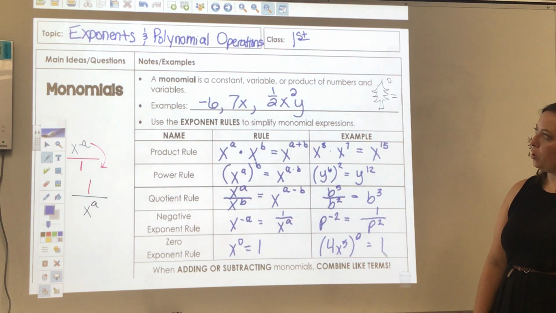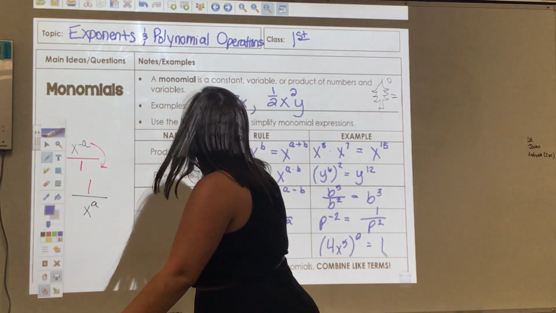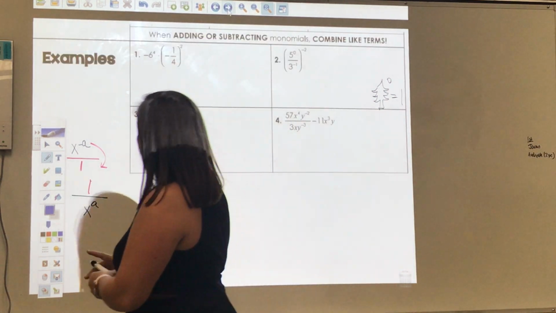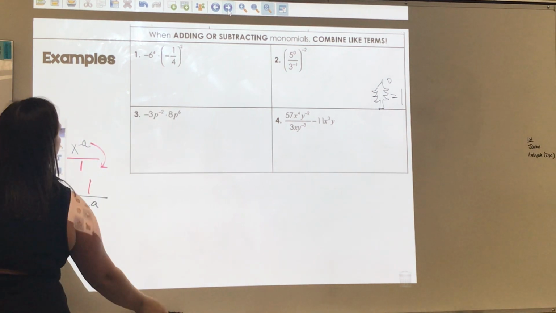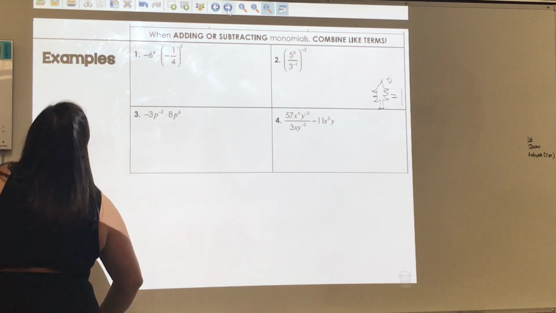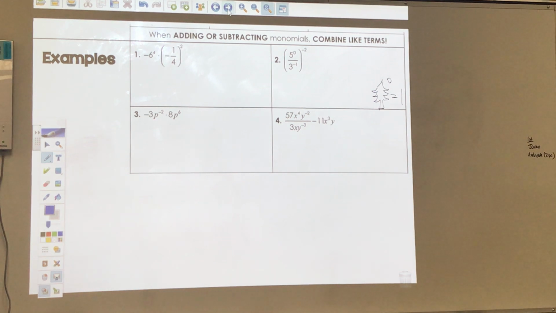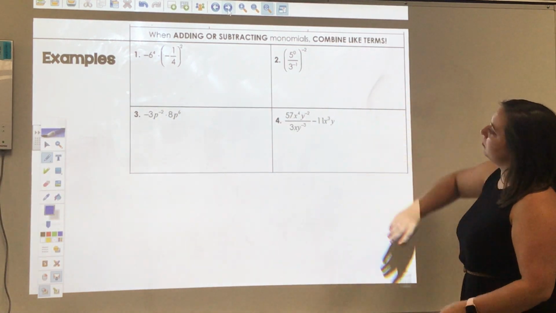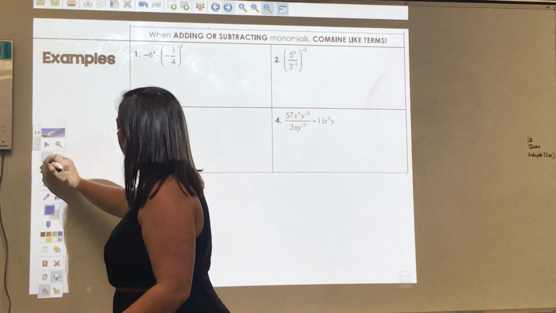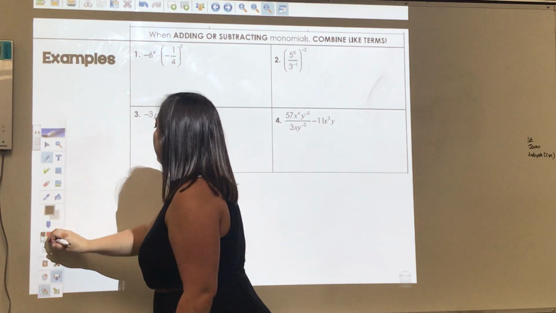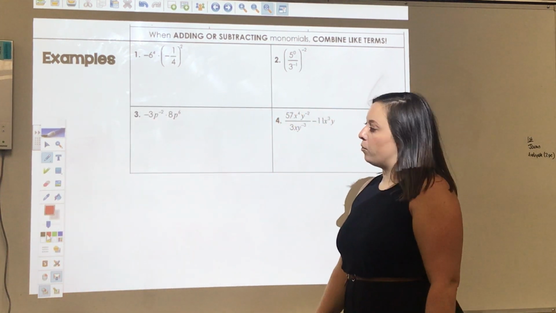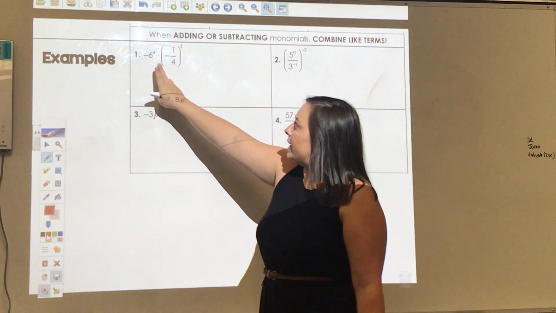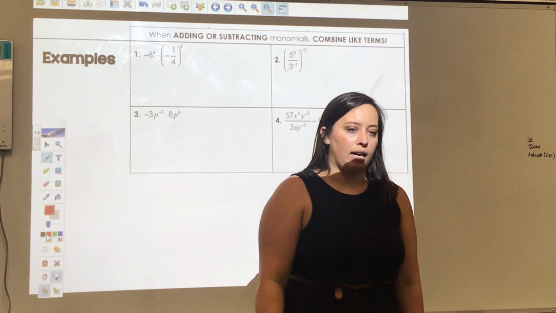Okay, so we're going to move on to the examples at the bottom. At the top it gives you a little bit of a hint, just in case you make a small mistake somewhere. When adding or subtracting monomials, make sure you combine like terms. Okay, so let's start with what we know what to do here. So negative 6 to the 4th, we can use a calculator.